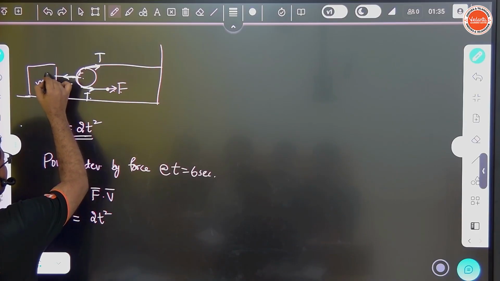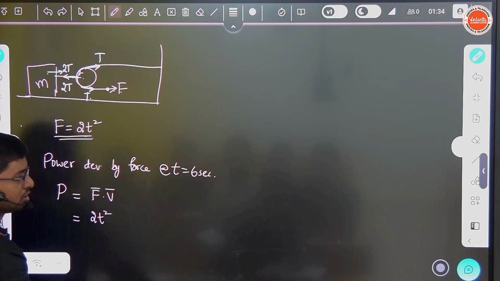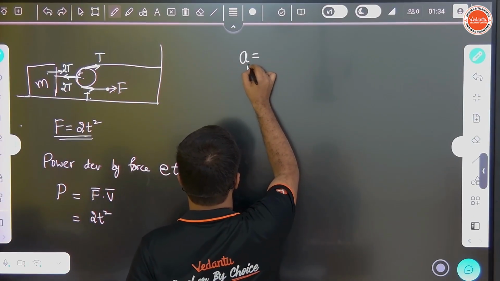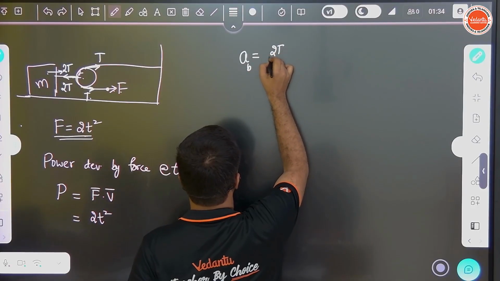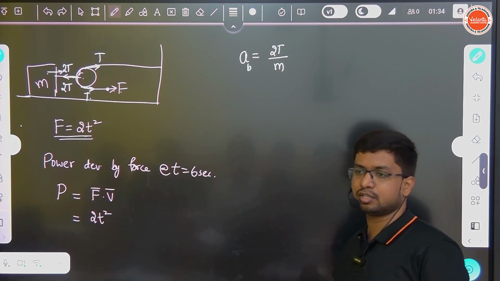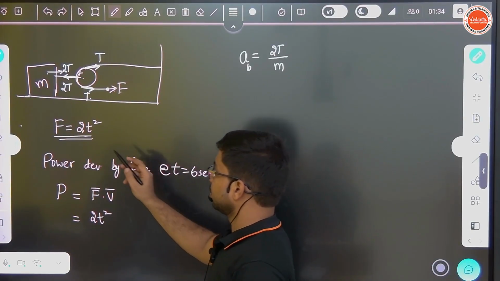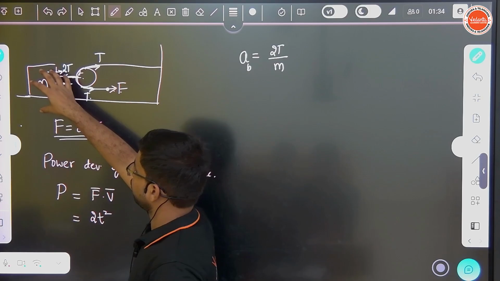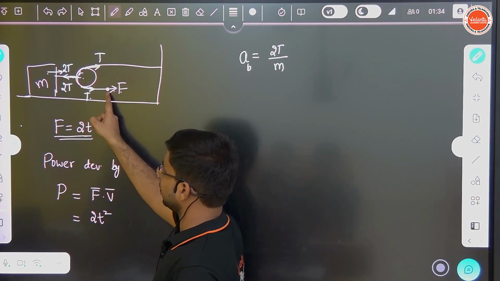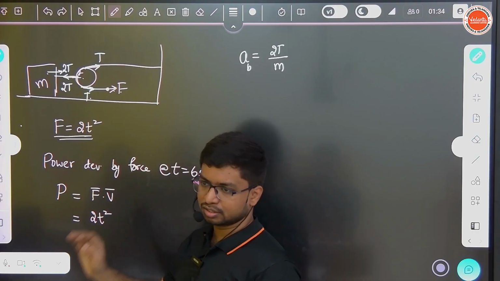Then on this block, the tension force acting over here is 2T, right? So what will be the acceleration of the block here? The acceleration of the block is 2T upon m. Clear? 2T upon m. Then, if block is moving with an acceleration of a, then what will be the acceleration of this point?